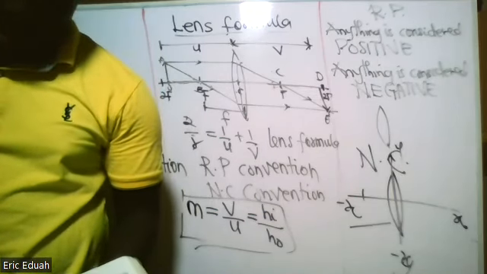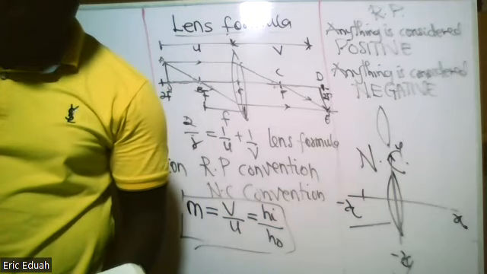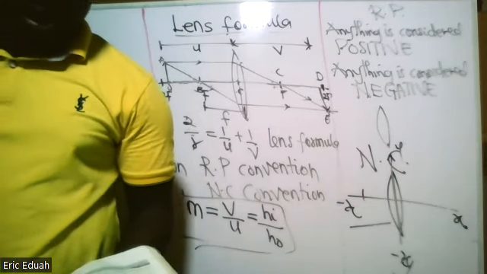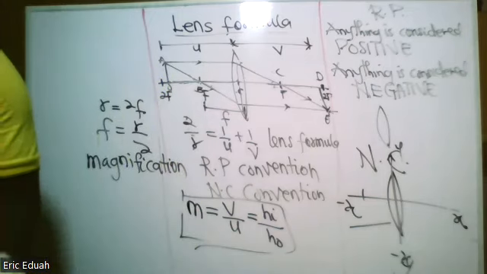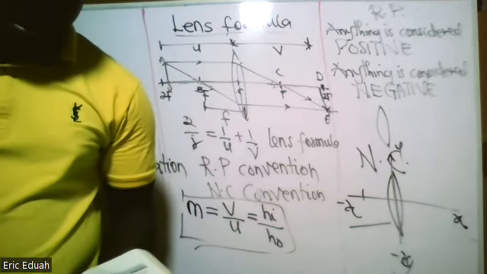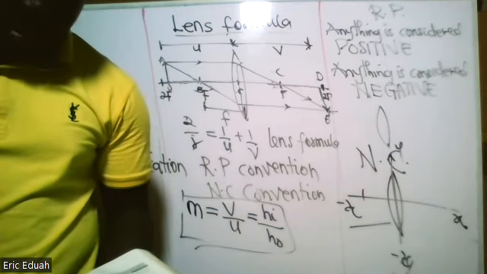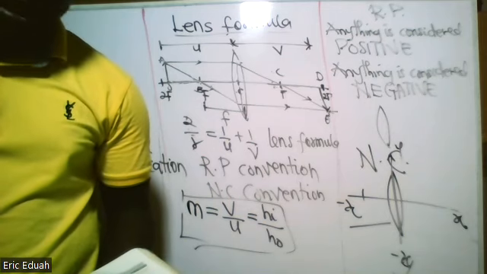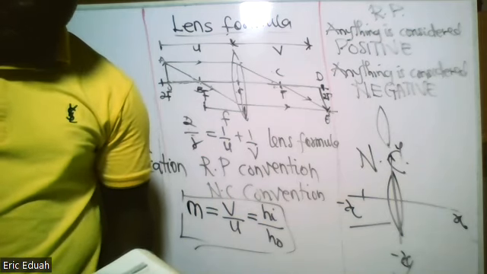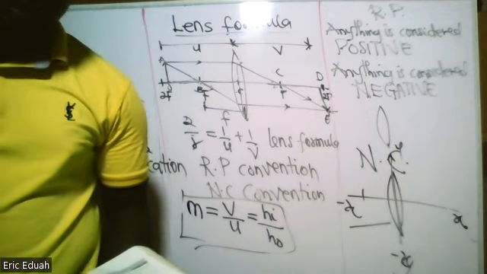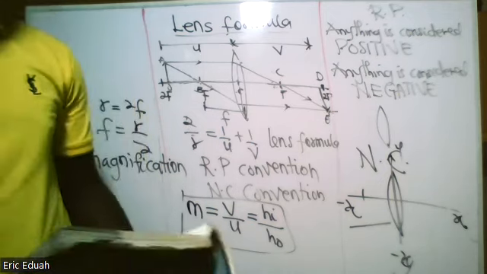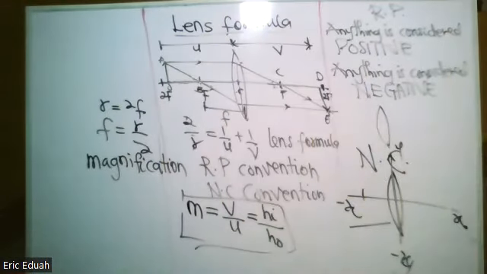I'm reading. Are you ready? A converging lens has a focal length of 30 centimeters. Miss Elia, are you giving us a question? Yes.